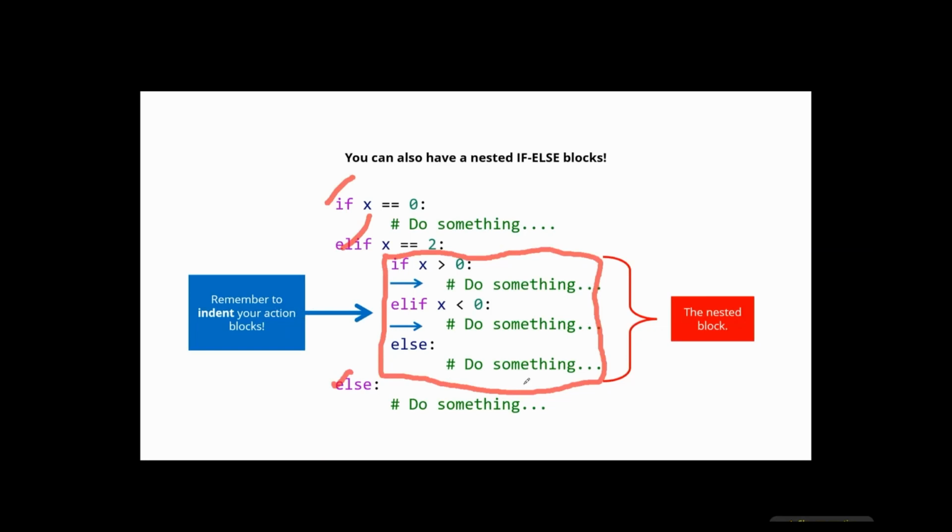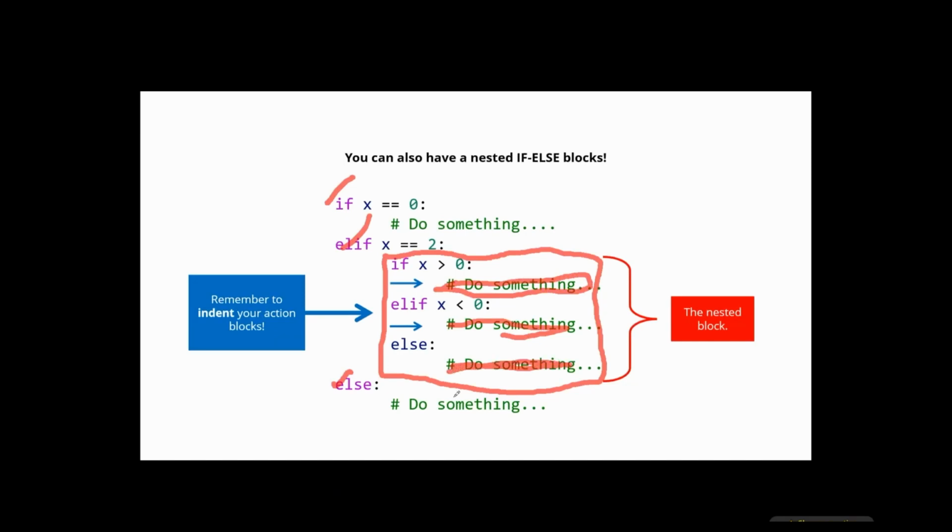Nested is like this, something enclosed inside something. It depends on how many levels you have. If you have 3 levels of nested if-else block, then you have another conditional statement over here, or maybe over here, or maybe over here.